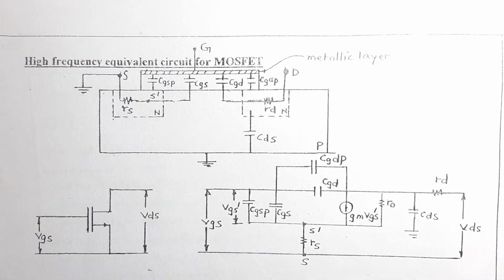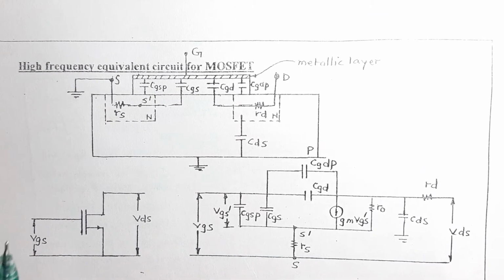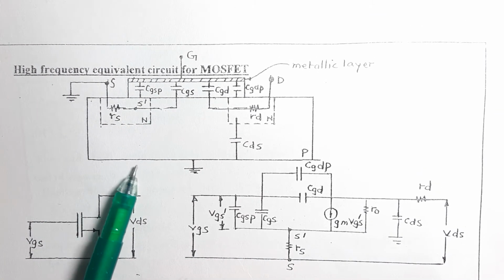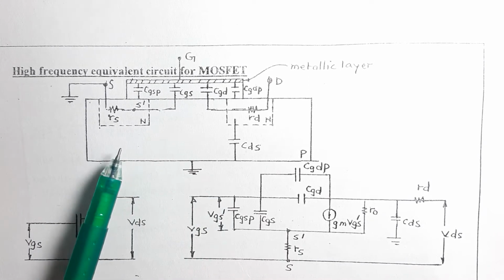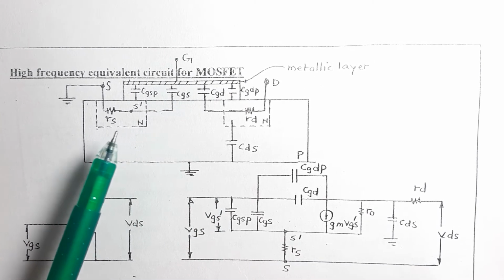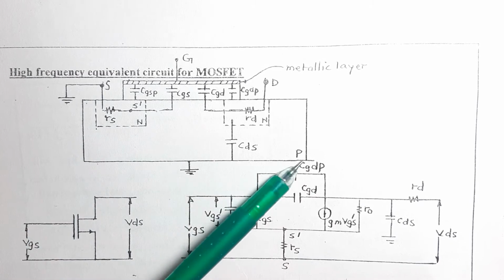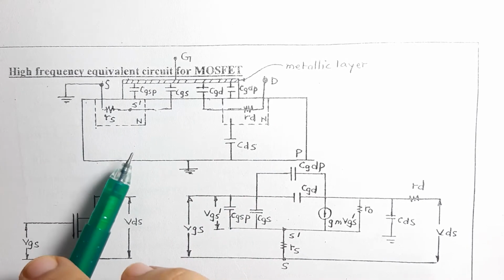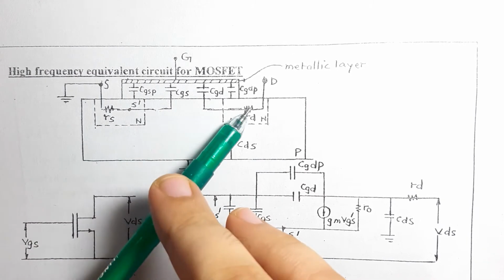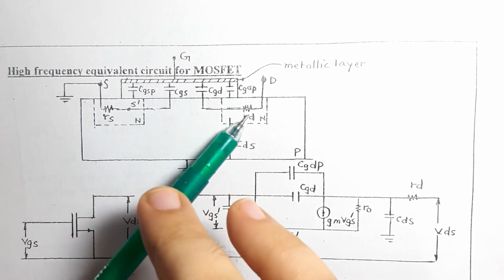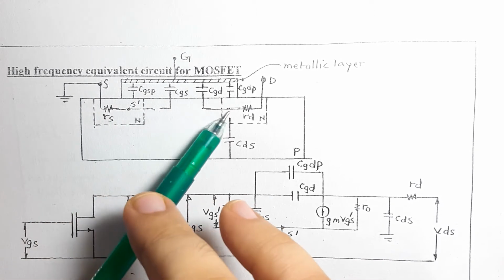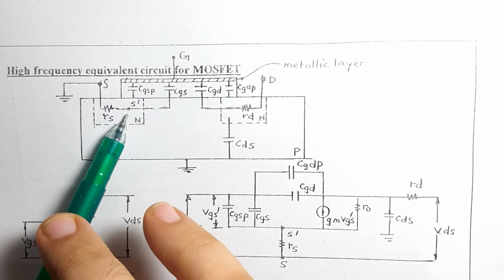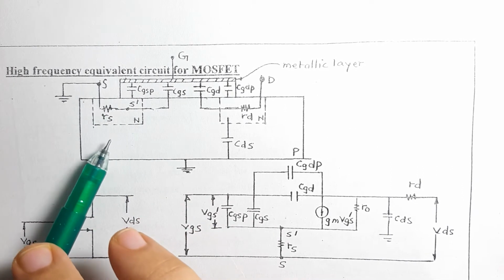And we will proceed further to the high frequency equivalent circuit for MOSFET. Now this is where the difficulty begins, and this is where the diagram would look a little bit dangerous. You had a simple MOSFET over here, wherein you had your insertions, then an N channel, and this was a P substrate.